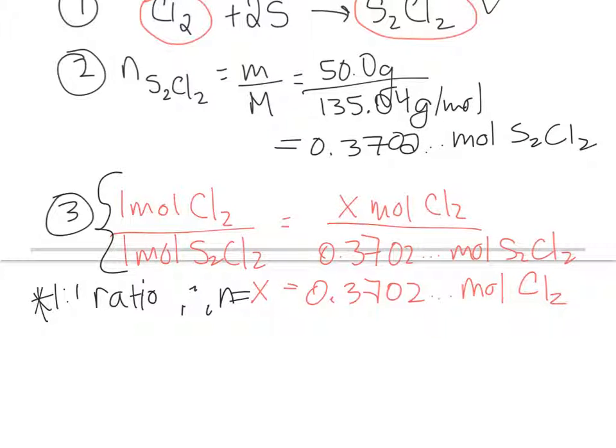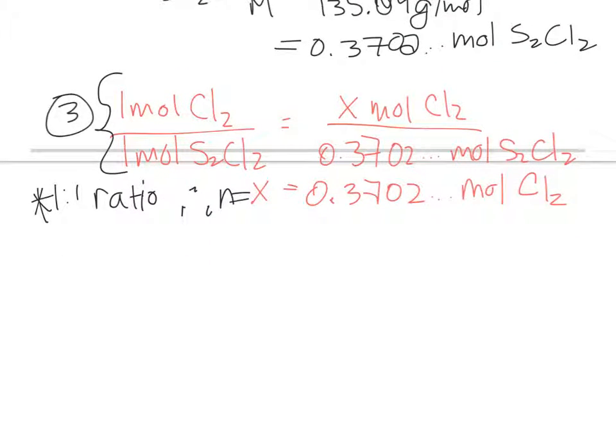Finally, what we want to do is convert the number of moles of our unknown value to the units required by the question. Now the question is asking us for the number of molecules of Cl2 that react. So we have to remember that the number of molecules of Cl2 is calculated by taking the number of moles of Cl2 and multiplying it by Avogadro's number.